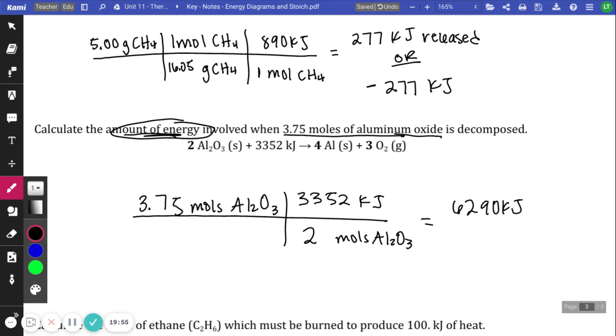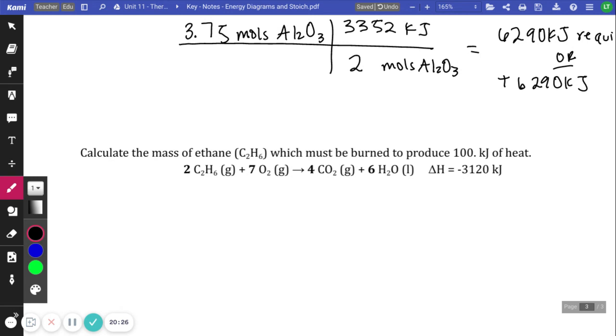This one is an endothermic reaction since energy is a reactant. So 6,290 kilojoules required. Or the other way we can look at that is positive 6,290 kilojoules. Since it's an endothermic reaction, we have to put that in, so that would be a positive energy value.